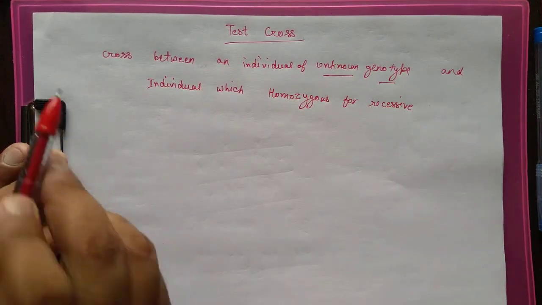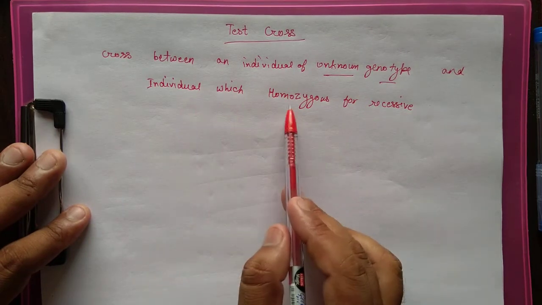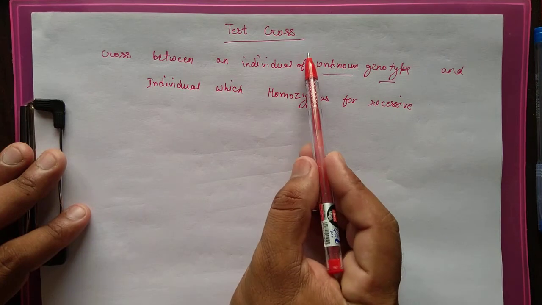When we cross an unknown genotype with an individual having homozygous recessive traits, it is known as a test cross.